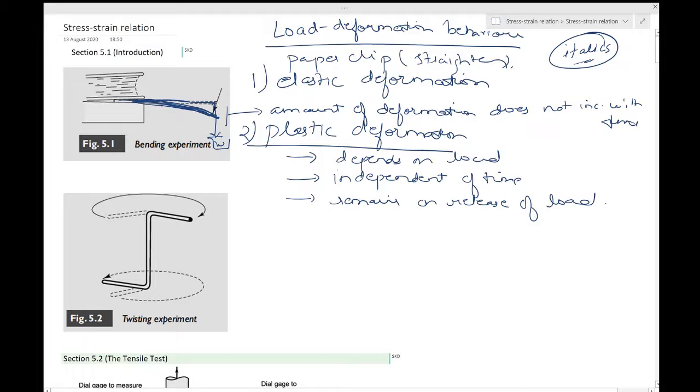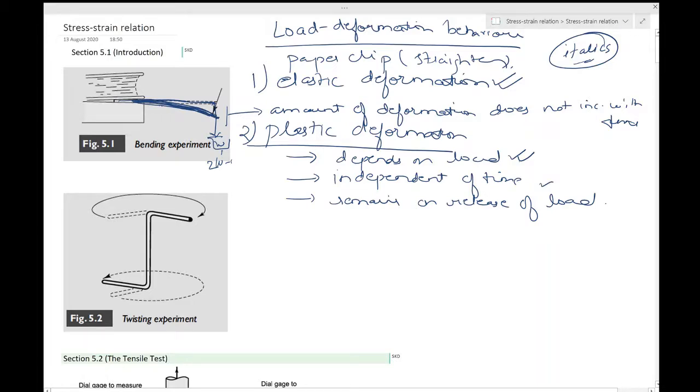The first characteristic, which depends on load, is shared by elastic deformation as well. Even in the elastic case, you apply a little load, it will deform. You apply a little more load, it will deform more. But the plastic deformation, other than having this property, I mean, if you take a bigger W, say W plus 2W, then it will deform more. But the difference here is that this deformation will not depend on time.